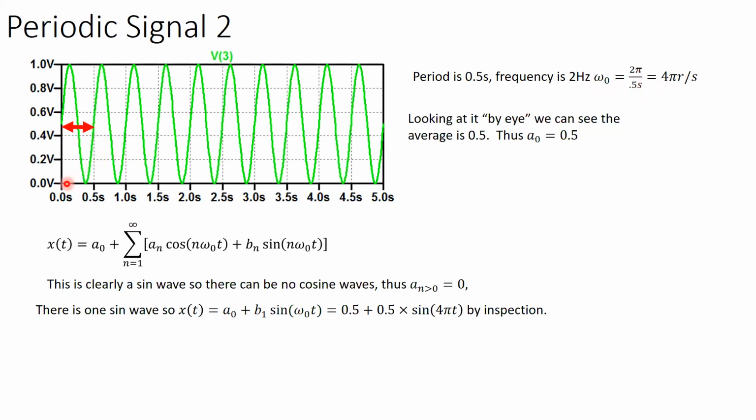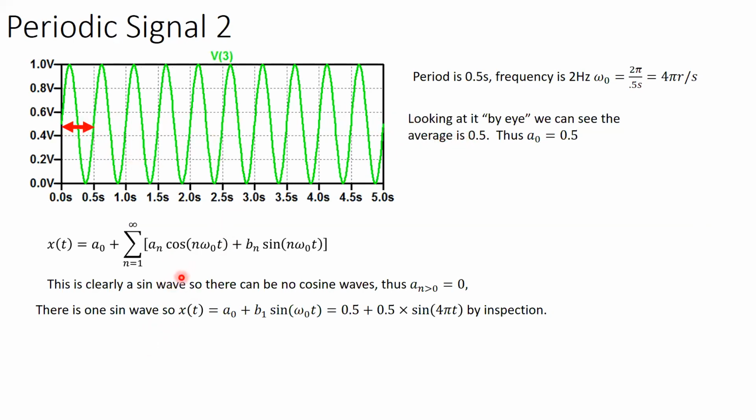But now, oh, wait a second. It's starting at 0 and going up to 1. And because it's a sine wave, I know that if I draw a line down at 0.5, it's going to be even. It's just easy to say that the average is 0.5, just from looking at it.